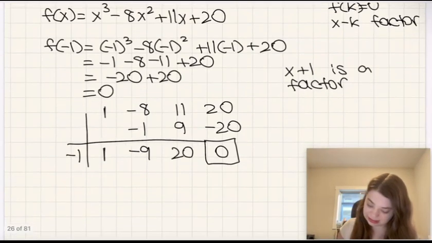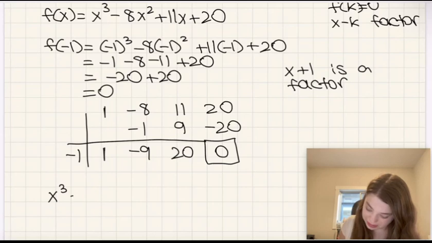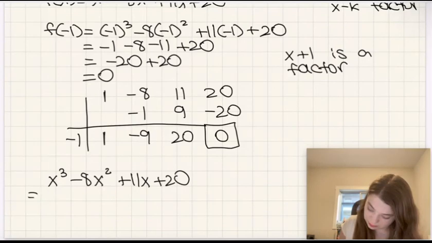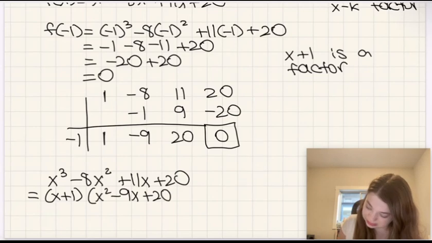Okay, so there we go. That tells us that f of x, originally x cubed minus 8x squared plus 11x plus 20, is equal to x plus 1 times x squared minus 9x plus 20, like that.